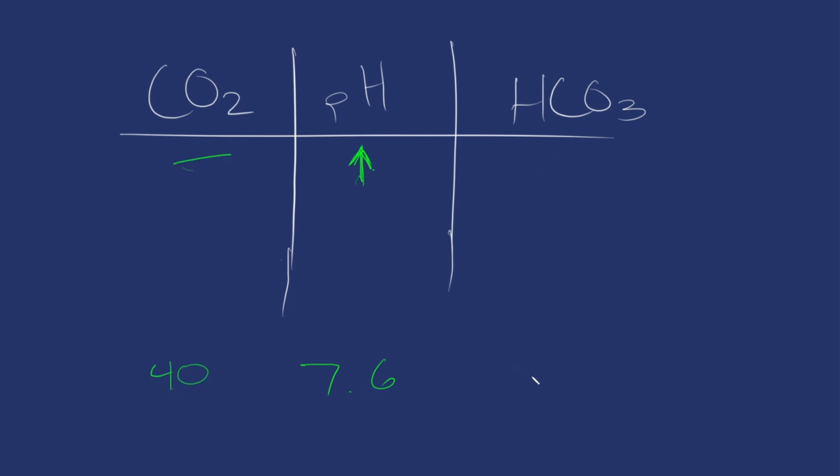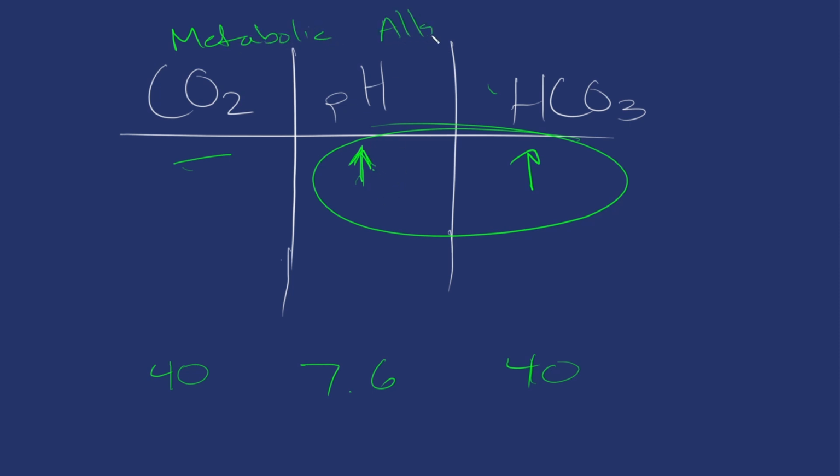And then the bicarb, okay, is 40 as well. That's high, right? So in this case, these two arrows match up. So this is around the bicarb side. We are metabolic. And look at the pH. We are alkalotic, so alkalosis. And then the CO2 is still normal. No compensation.